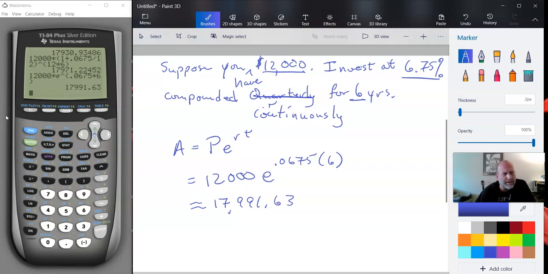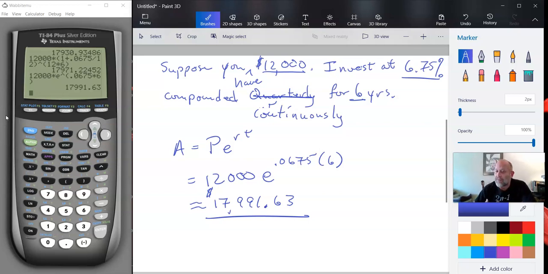And did that really round to 2 decimal places? That's very interesting. There's probably a whole bunch of zeros in there before it has something else. Anyways, so you can see it is a little bit more than what we were making last time, because the last one where we compounded it monthly, it came to 17,971. So this tacked basically another $20 on top of it.